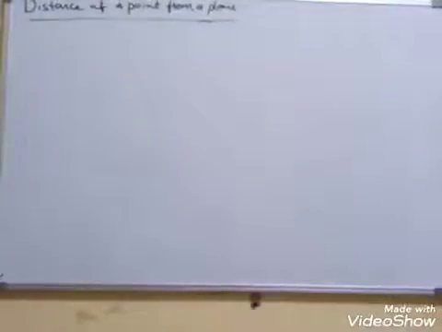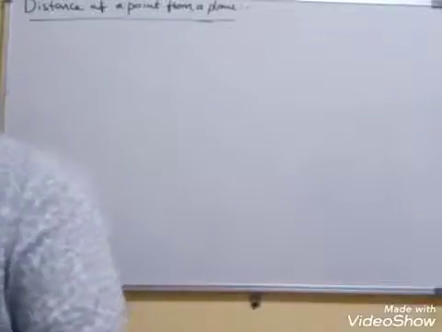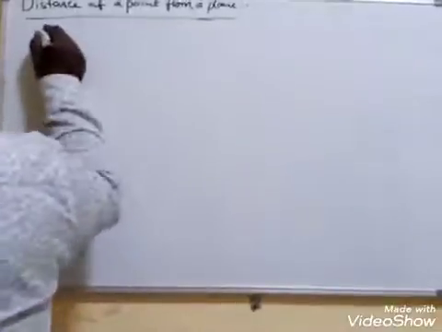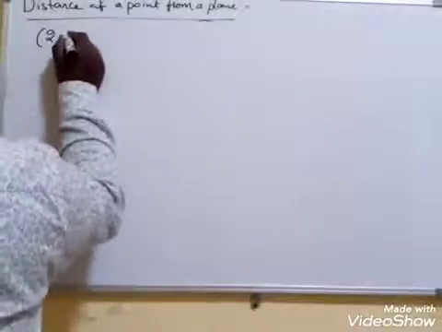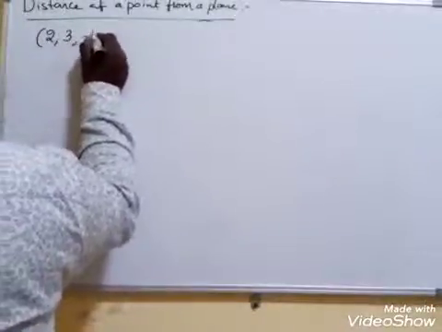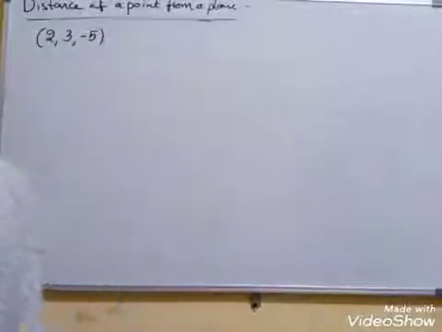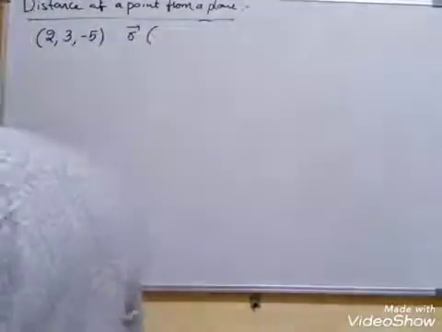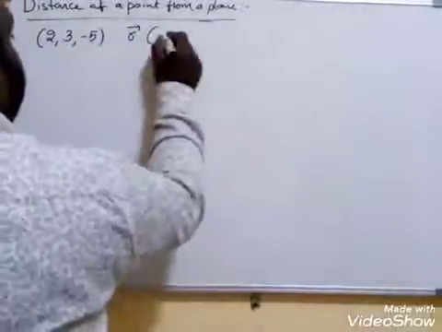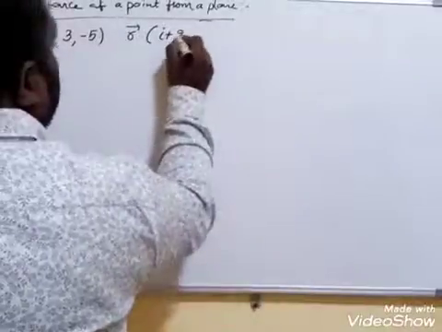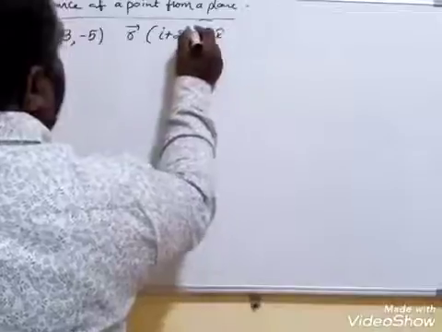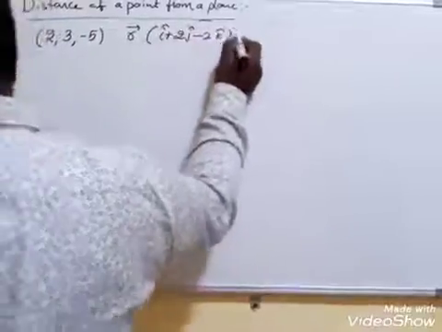Now find the distance of the point 2, 3, minus 5 from the plane r bar dot (i plus 2j minus 2k) is equal to 9.